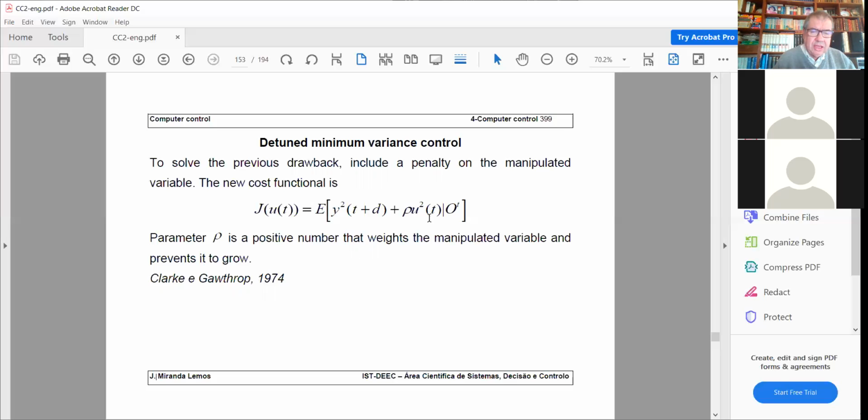Let me sum up what we have learned today. We started with a plant with stochastic disturbances. Okay, and what have we done?